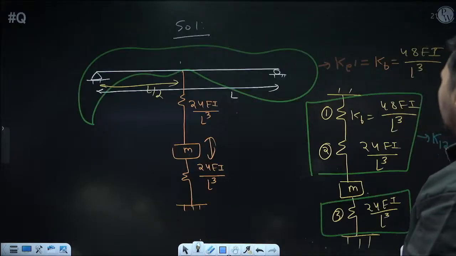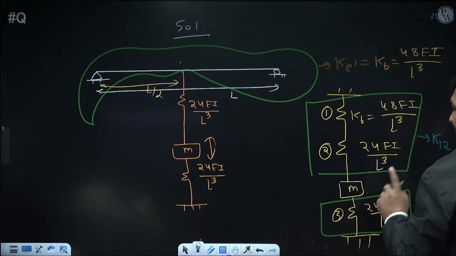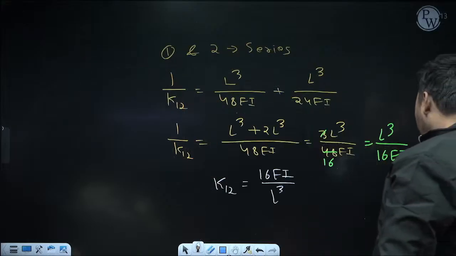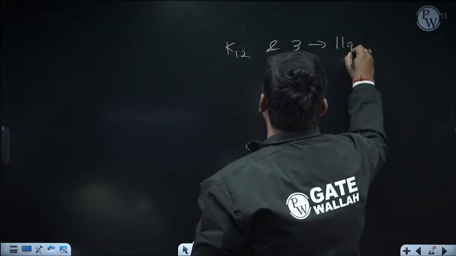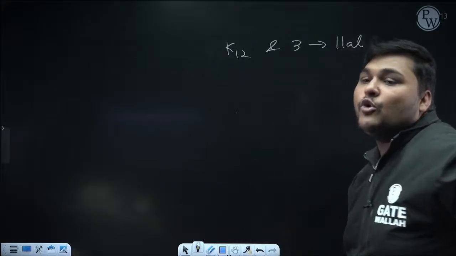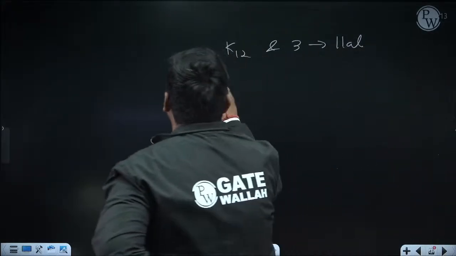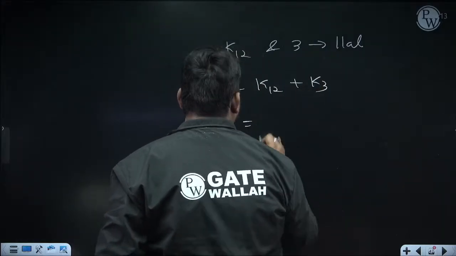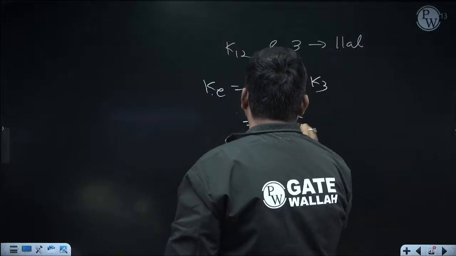Now we know equivalent stiffness of this side system, which is K12, and this side system, which is K3, are in parallel arrangement. And in parallel arrangement, to calculate equivalent, we add the stiffness of individual springs. So now I can calculate overall K equivalent because K12 and K3 are in parallel. If I calculate their equivalent, that will be overall K equivalent, because after that no other springs are left. And since they are in parallel, overall K equivalent will be K12 plus K3. K12 is 16 EI upon L cube.